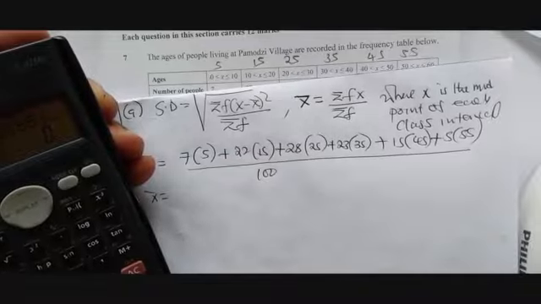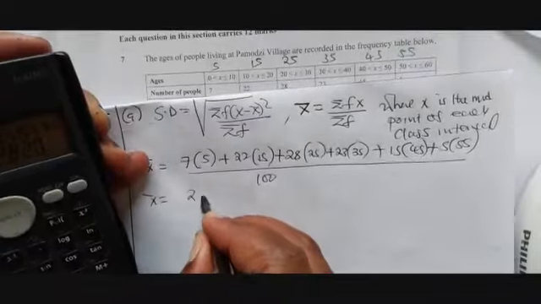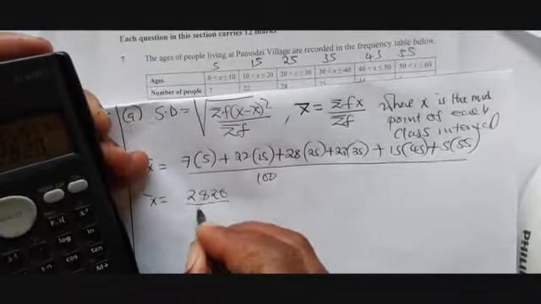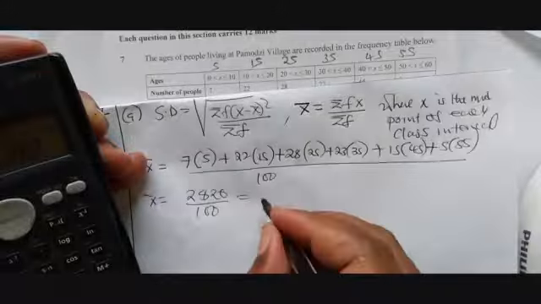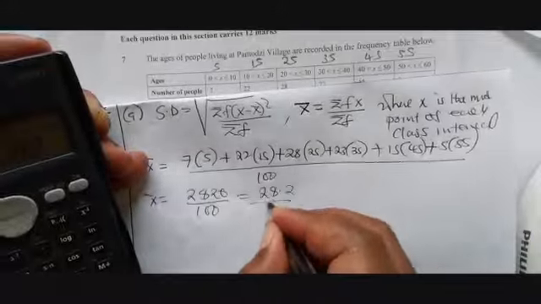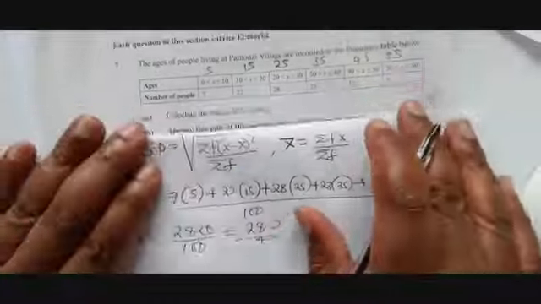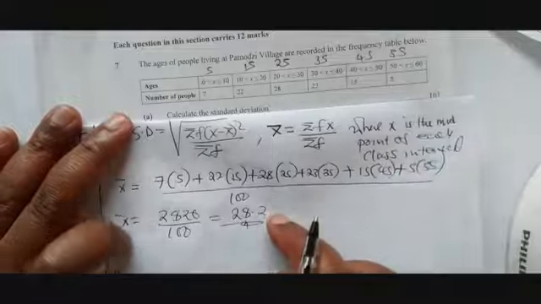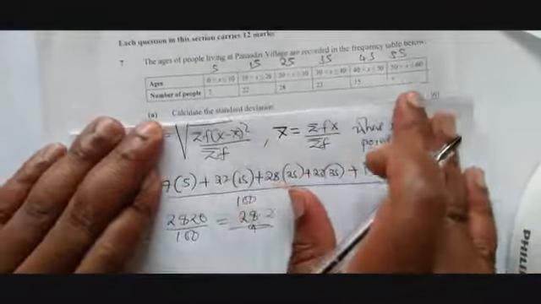And what we get? We get 2820 over 100. So you divide this by 100. The answer is 28.2. That is our mean. Okay? We have found our mean. Remember, it's 6 marks. So you might be given 3 marks for getting this one, then 3 marks for getting the answer.